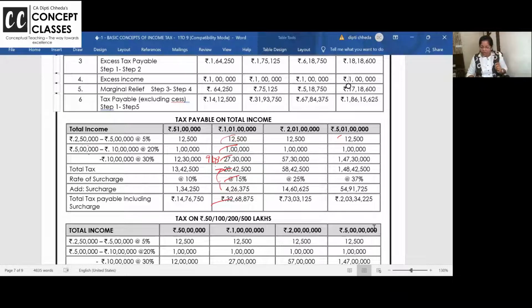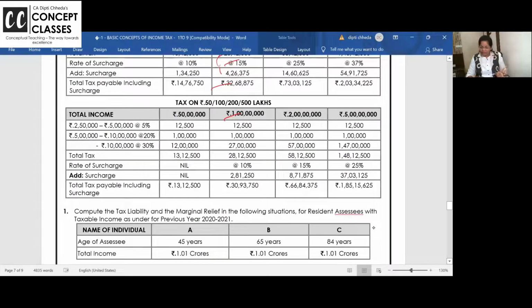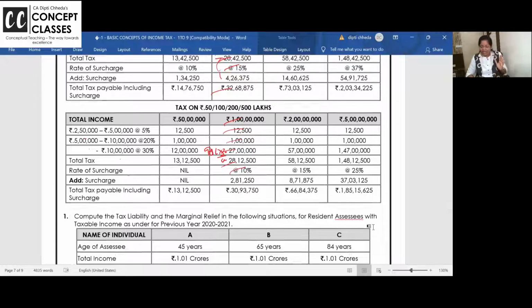Now, if your income is 1 crore, imagine just 1 crore. 0 to 2.5 lakh nil, 2.5 to 5 lakh 5%, 5 lakh to 10 lakh 1 lakh, 10 lakh and above, 10 lakh to 1 crore on 90 lakhs, 30% is the tax, 27 lakh. So this is your total tax. Rate of surcharge is 10%. Why?